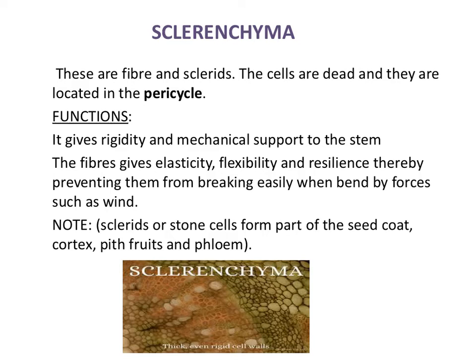So it is the sclerenchyma cells that give the stem its elasticity, being able to bend and fall back to its original shape in the presence of strong forces like wind. Note, sclereids or stone cells form parts of the seed coats, the cortex, the pith, fruits, and the phloem.